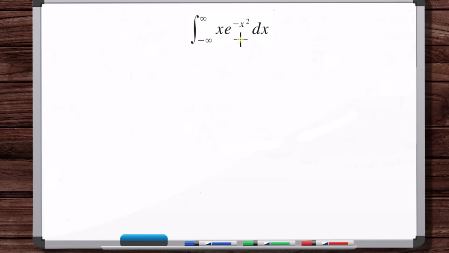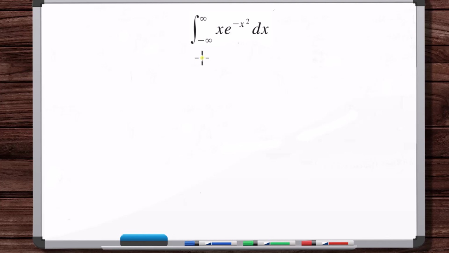Now, before you start a problem like this, one thing I would say you should always do is check to see if you have an even or an odd function, right? Because we're going from minus infinity to infinity.